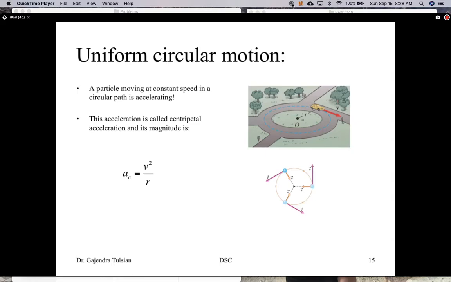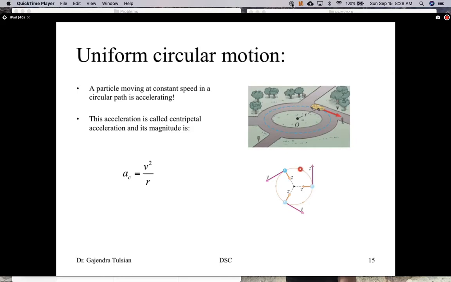But the velocity is changing, and what is changing is the direction of the velocity. When only the direction of the velocity changes, the acceleration is perpendicular to the path. This is known as centripetal acceleration. At any instant, the acceleration is pointing toward the center of the circle on which this object is going, and that's why it's called centripetal acceleration.